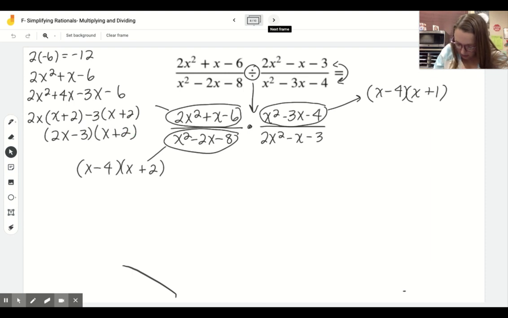Just so I don't lose myself here, I'll do some color coding, so I can see which ones I have factored and which ones I haven't. So I've got one more left. Okay, again, A times C, 2 times negative 3 is negative 6.